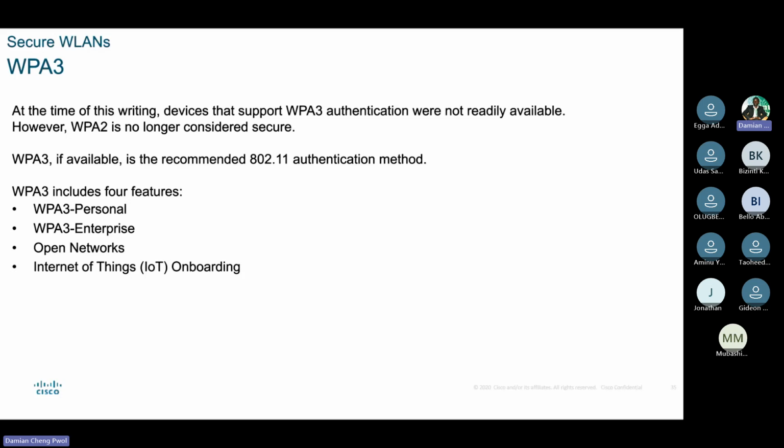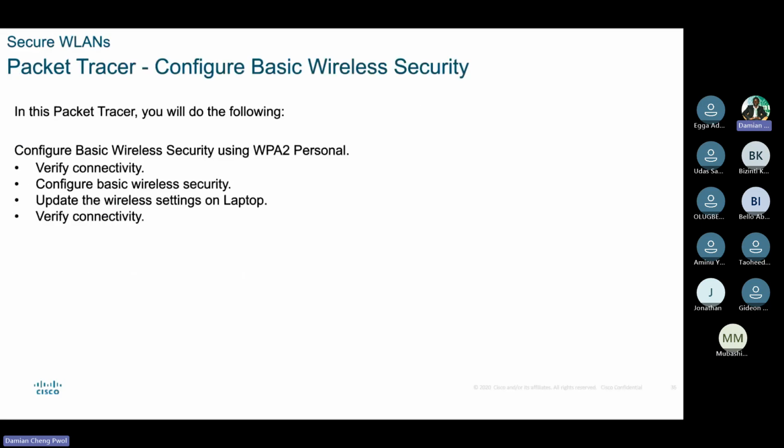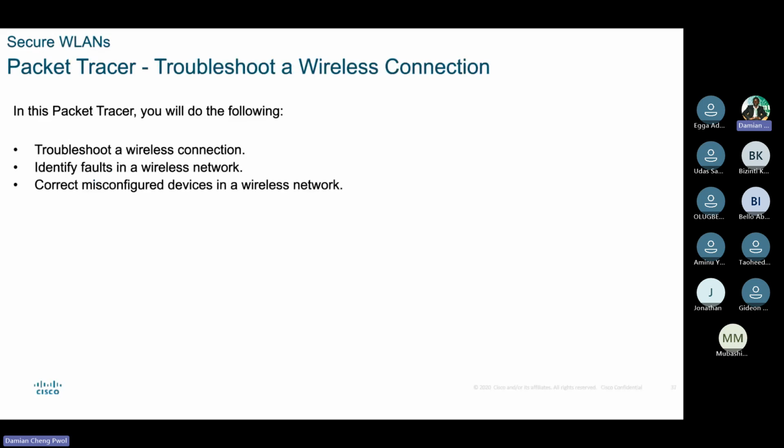WPA3 includes four features. It also has personal, enterprise, open network, that's to allow anyone to connect to it, and also Internet of Things onboarding. So it makes provision for Internet of Things, connecting various devices to the network, anything you can think of. So there is a packet tracer for you, which you're going to do. There's a lot of packet tracer in this chapter.